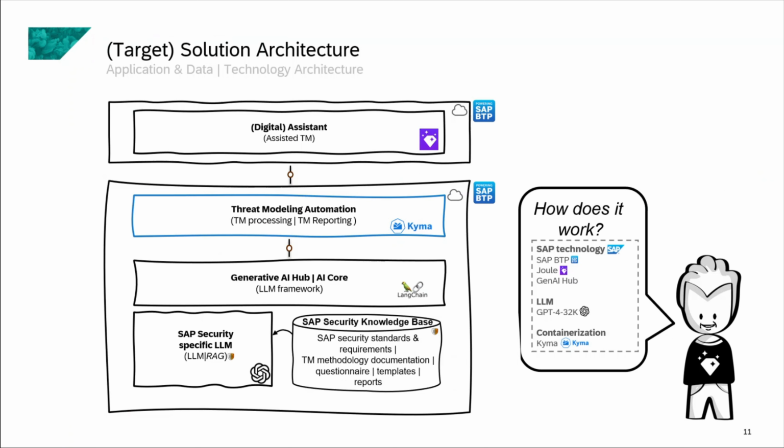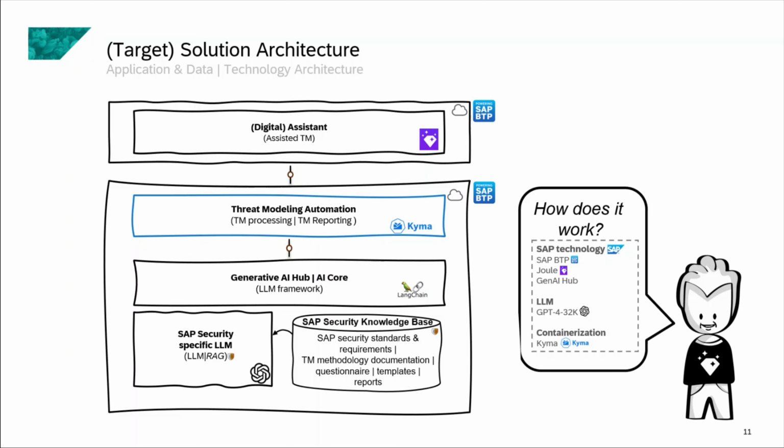From an architectural perspective, we use advanced SAP GenAI technology such as Joule and GenAI Hub for threat modeling processing and reporting. The underlying LLM, currently GPT-4o, has been enhanced with SGSC security standards and threat modeling methodology documentation with pre-prompting.